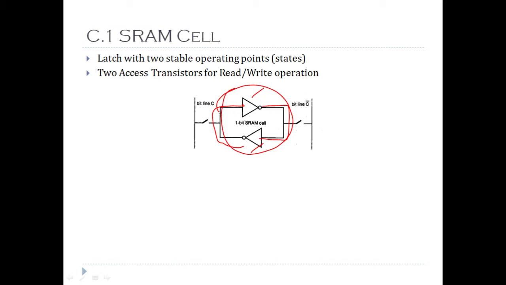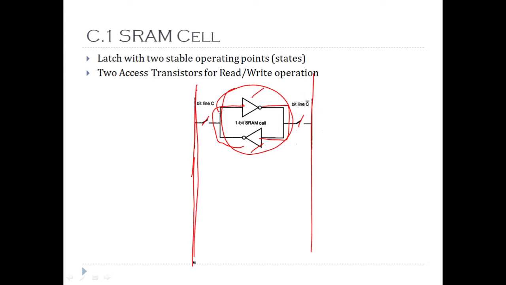Now the cell can be accessed through the switches. This is the first switch and this is another switch. They are connected to the column lines like we have seen in the RAM array. In the random access array, there are rows and columns.